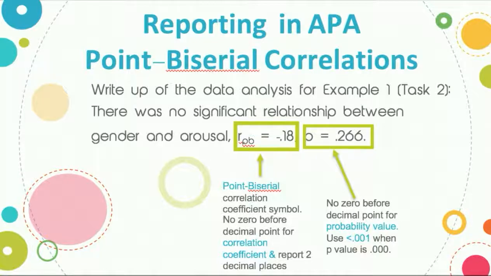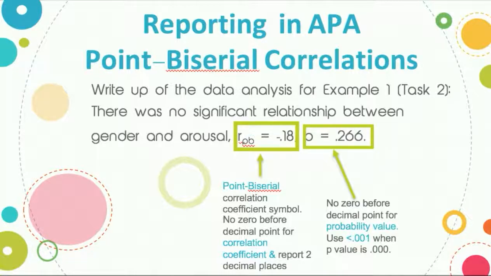In this situation, when you can't do the bootstrapping, you can still report the correlation coefficient and your probability value. So your write-up would state there is no significant relationship between gender and arousal. Use a comma, and then you're going to have r_pb, that's for point-biserial, and you use r because that is the Pearson correlation symbol. You do an equal sign, and then you will type in negative .18. You do no zeros before a decimal point for a correlation coefficient, and you only report 2 decimal places.